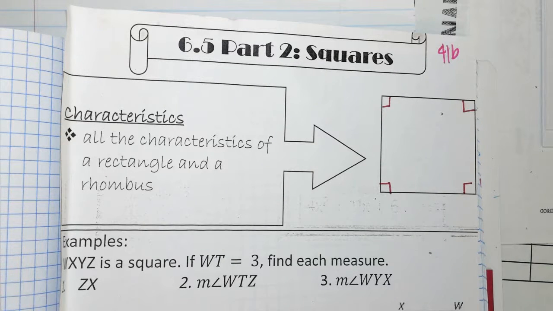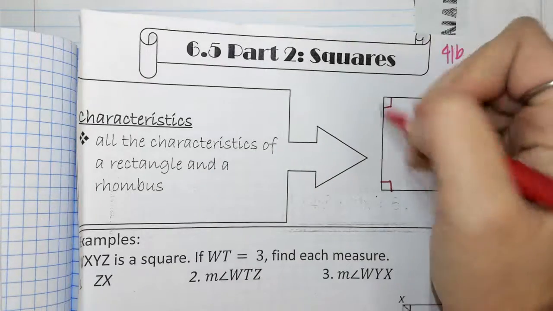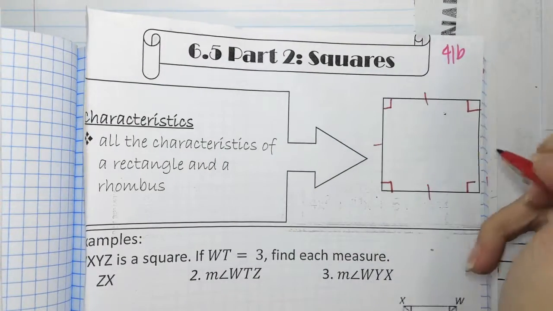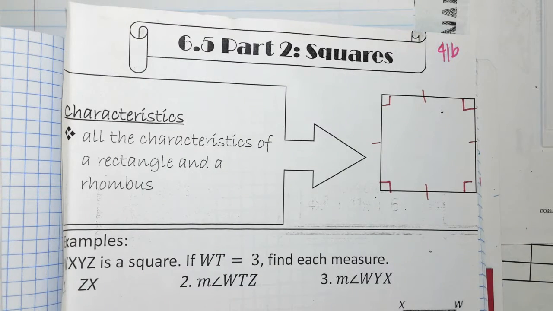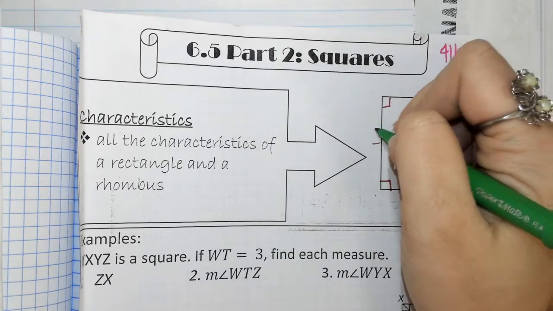What does it mean for all of our sides? They're congruent. If you said they're congruent, take a point. What does it mean for opposite sides? They're parallel.